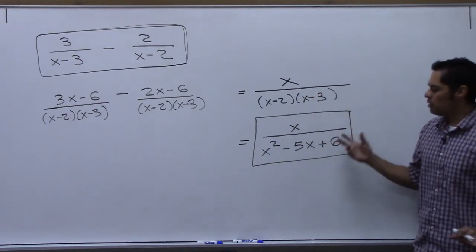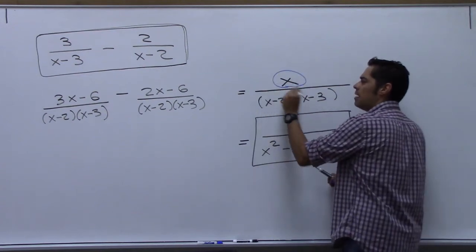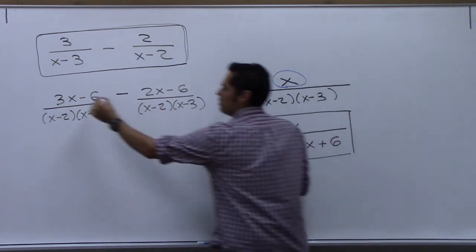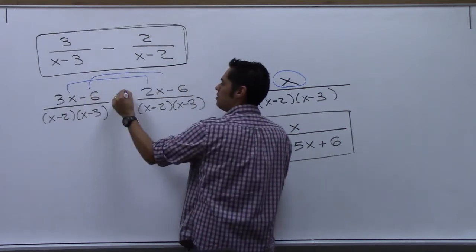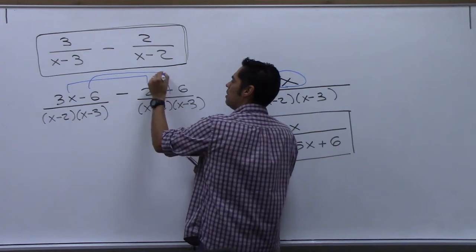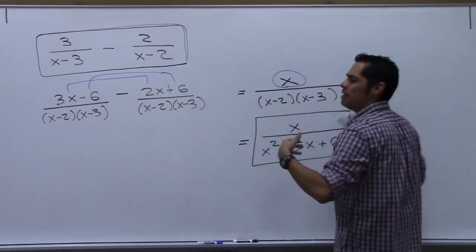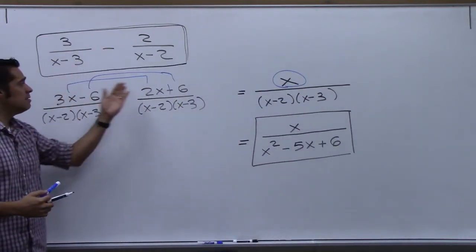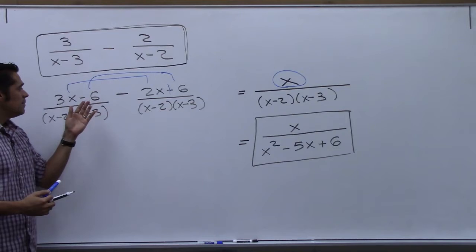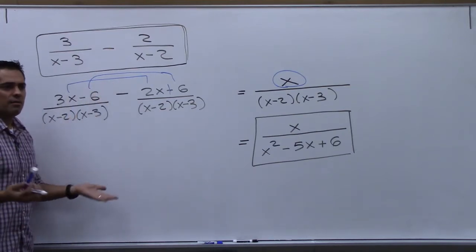But how are you ever going to know that this x came from 3x minus 2x and 6? How do you know that there was a 6 and a negative 6 and it was 3x and 2x? It could have been 7x and 6x, or whatever, an infinite number of things you could think of, right?